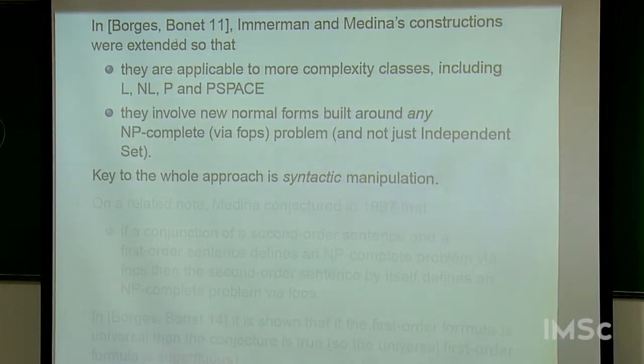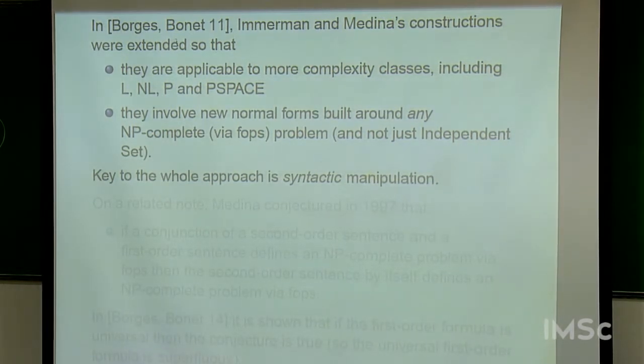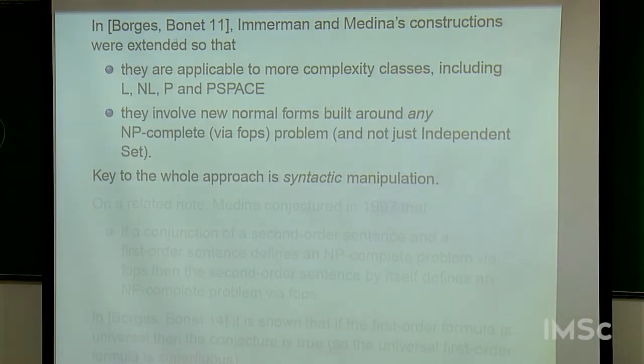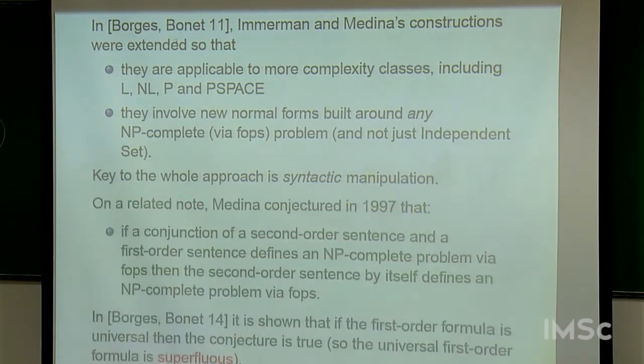And we can also develop new, possibly nicer normal forms where we don't essentially just rely on this independent set-like structure. But the key to the whole approach is syntactic manipulation, just fiddling around using operators that you can dream up that preserve NP completeness. Okay, I'll skip over that.